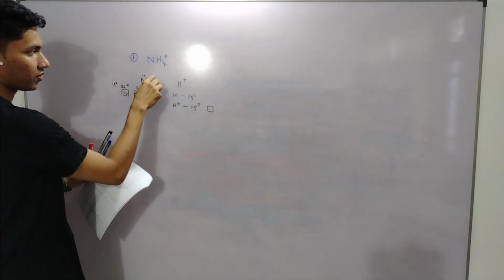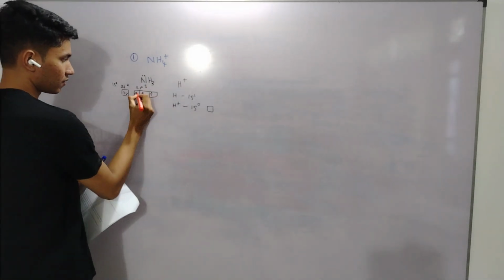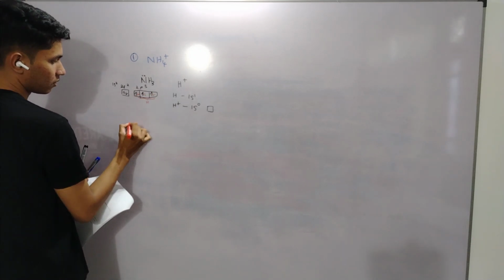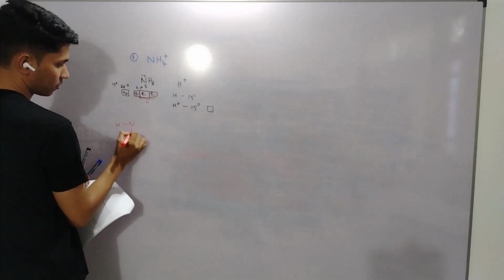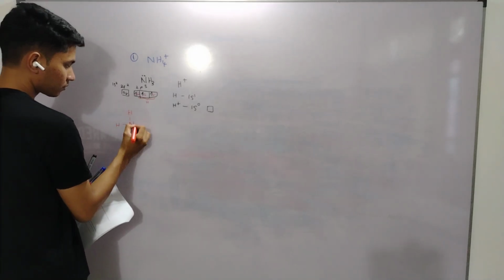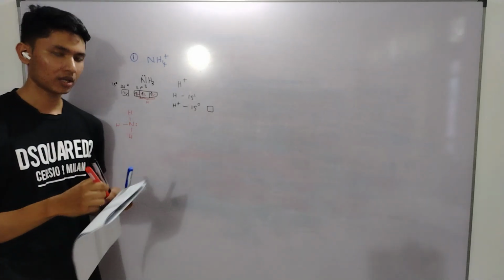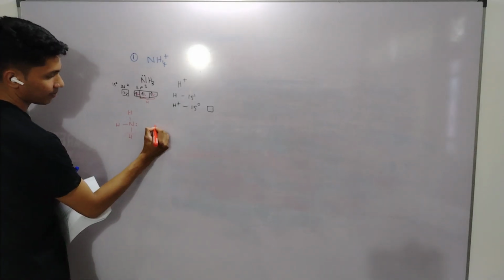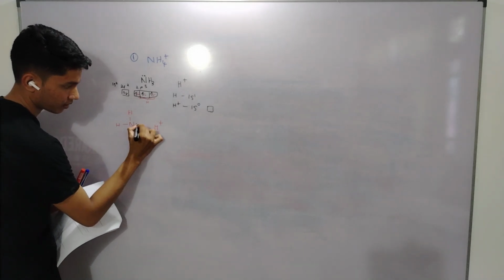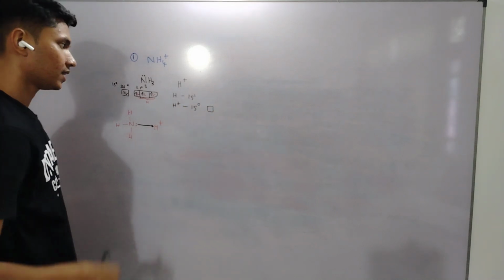So these hydrogens will form normal covalent bonds with the nitrogen. So an electron pair will remain in the valence shell of nitrogen. So you have H plus here. What will happen now? This lone pair, a pair of electrons, will be donated to this H plus, whose orbital is empty.